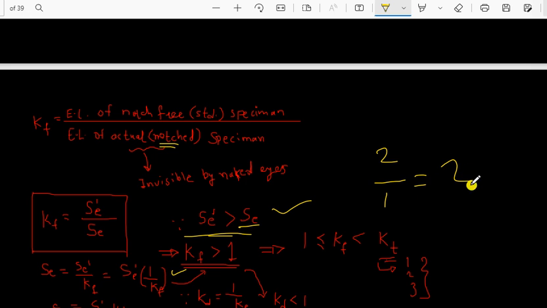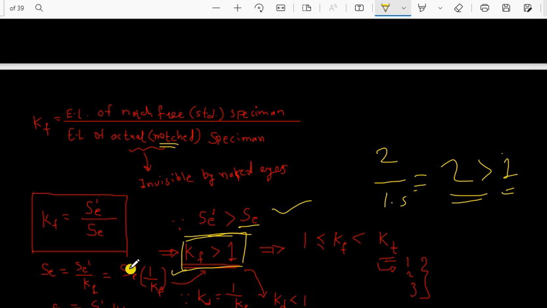You will always get a value greater than 1. Right? Here it may be 1.5 or anything. Just this SE dash is always greater than SE. That's why we are getting a value always greater than 1. Okay. This Kf will always be greater than 1.